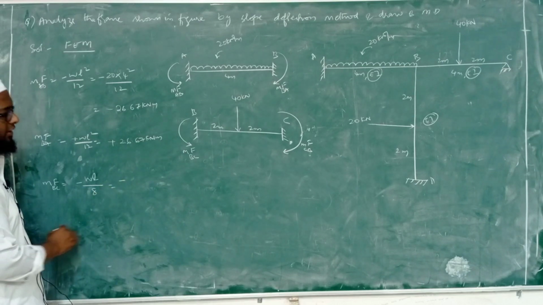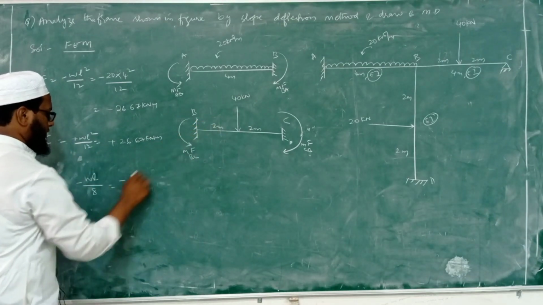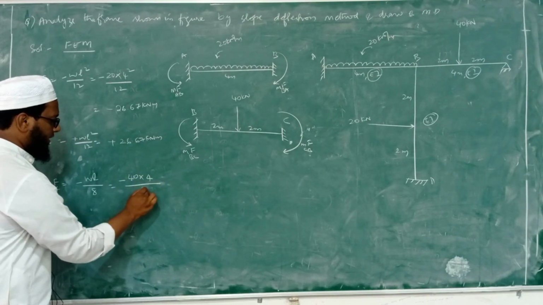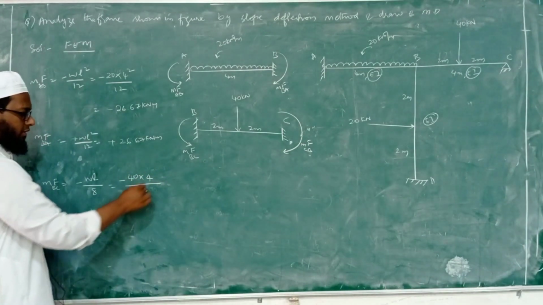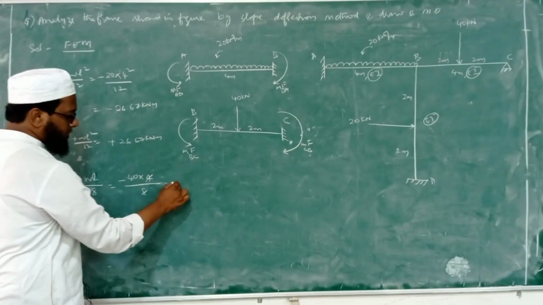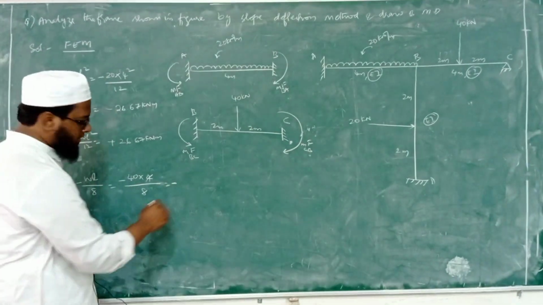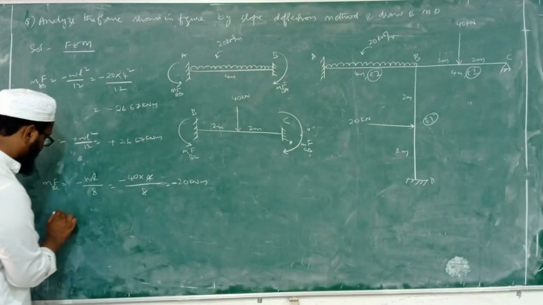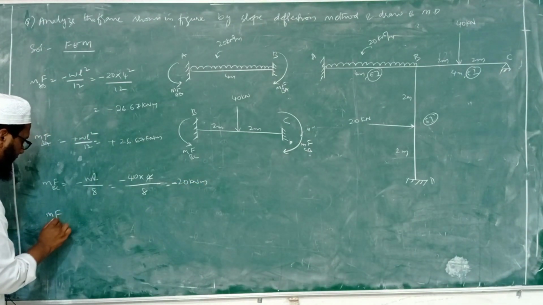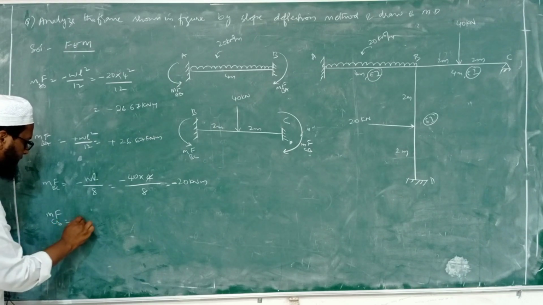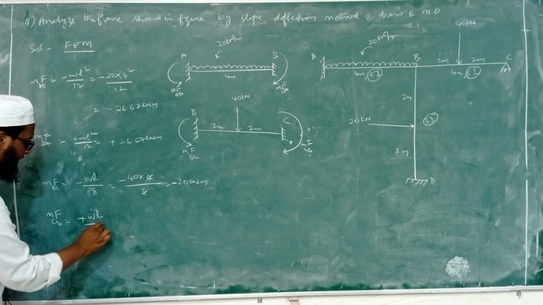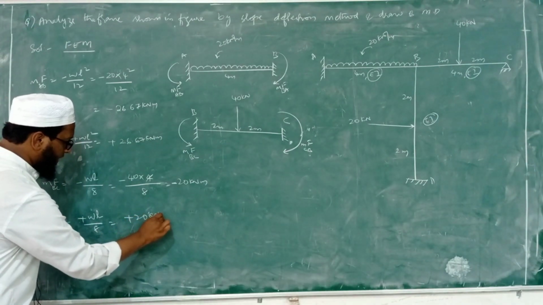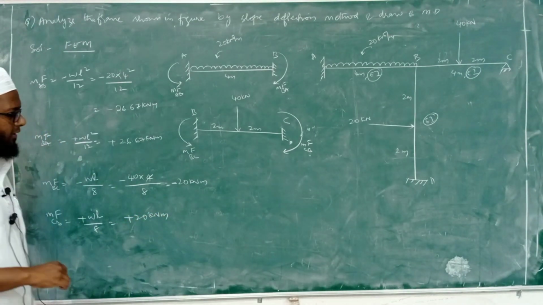What is the value of W there? 40 into 4 divided by 8, so minus 20 kilonewton meter. What about MF CB? Plus WL by 8, so plus 20 kilonewton meter.